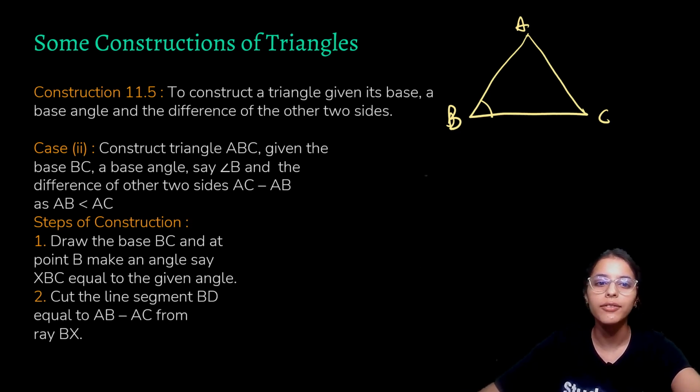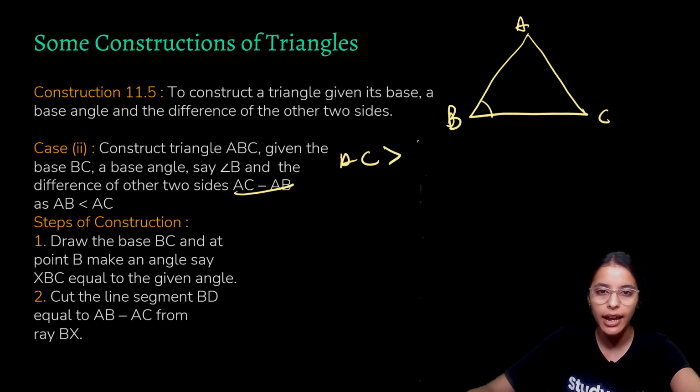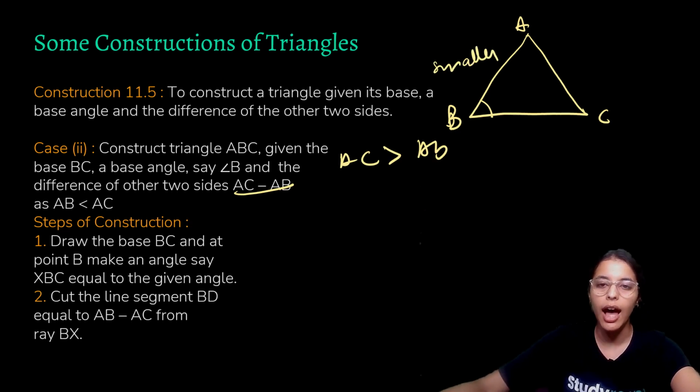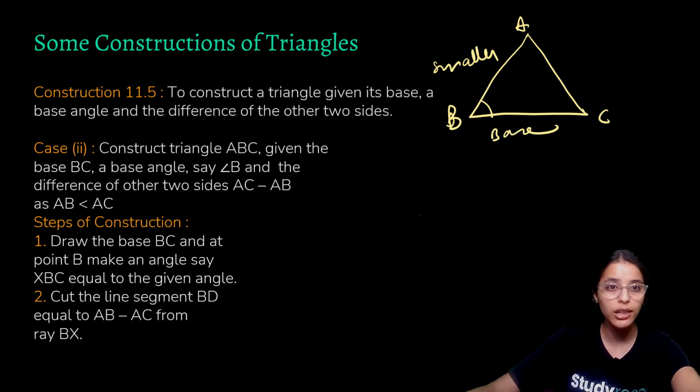From this we can see that AC is greater than AB, and the angle that is given is this. So we are given the angle between the smaller side and the base. Now let us see how we proceed. First and the most basic thing is to construct the base.